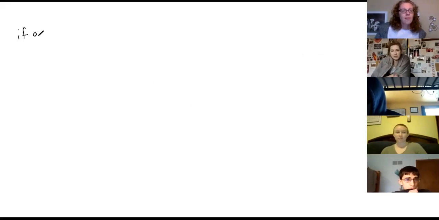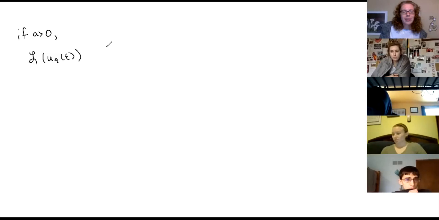So if a is bigger than 0, then we want the Laplace transform of the unit step function at a. And again, remember, since I don't have a place on the board to go back to, let's write down the definition here.